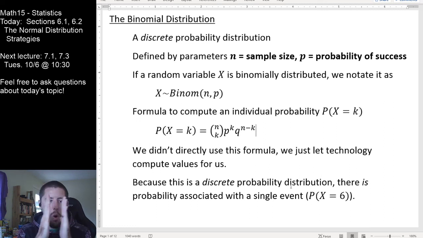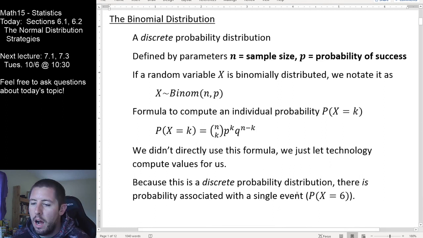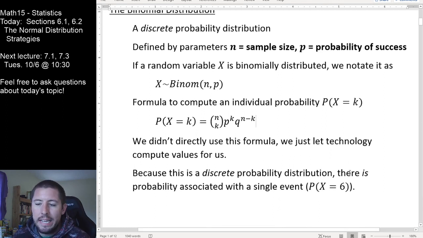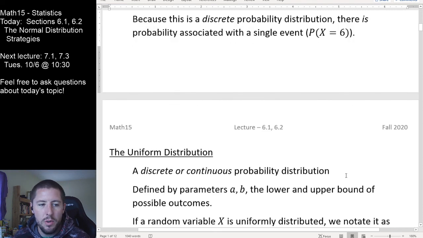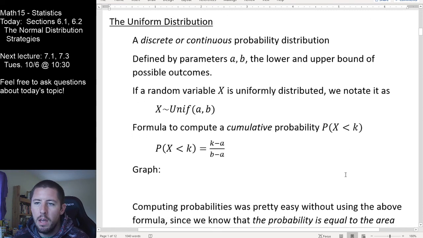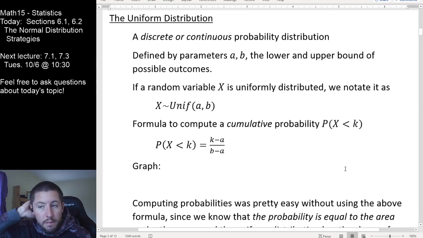It's like a rectangle with no width. And so in discrete probability distributions, there is probability associated with individual events, whereas in continuous probability distributions, there is not. The next one that we looked at was the uniform distribution.